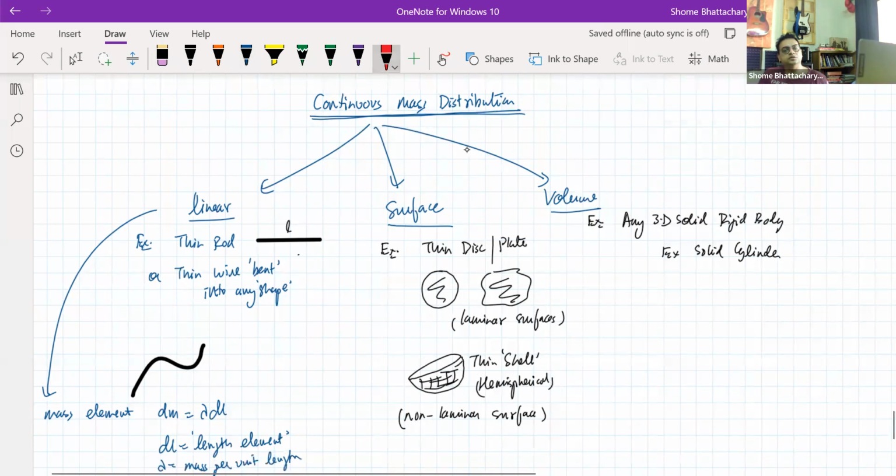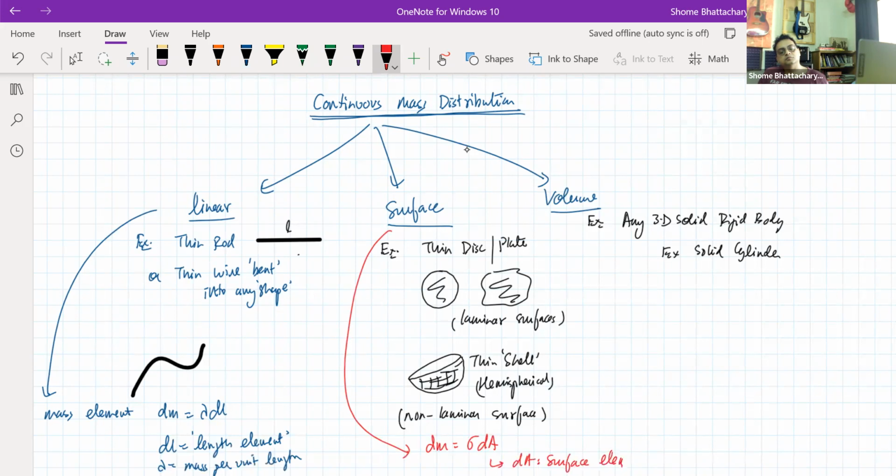For surface distribution, a mass element dm should be a surface element, and sigma is mass per unit area.